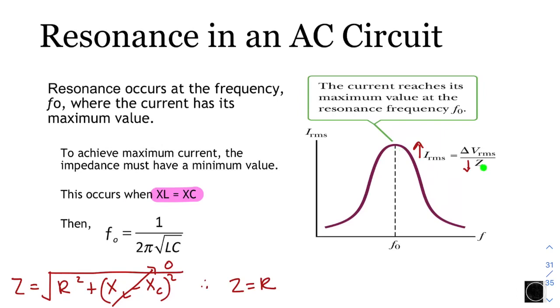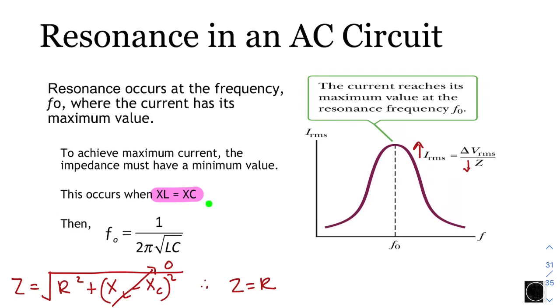To have maximum current, we have to make sure that the Z will be minimum. Therefore, our current is going to be maximum in value. This only can happen whenever the tuning frequency of the circuit reaches the natural frequency of the circuit, or F naught. Technically, how to do this?